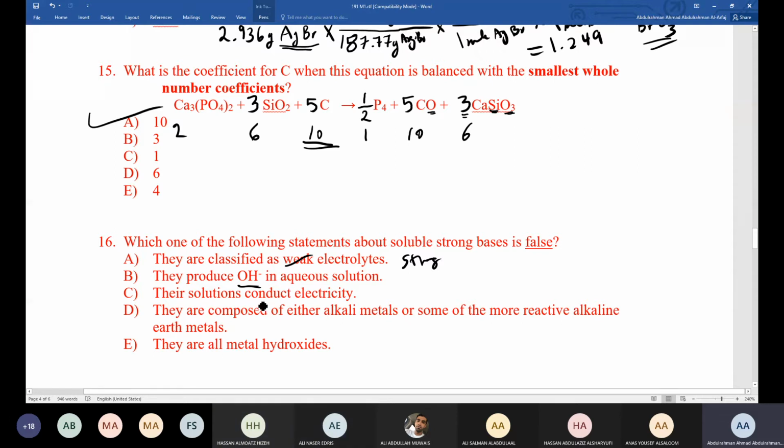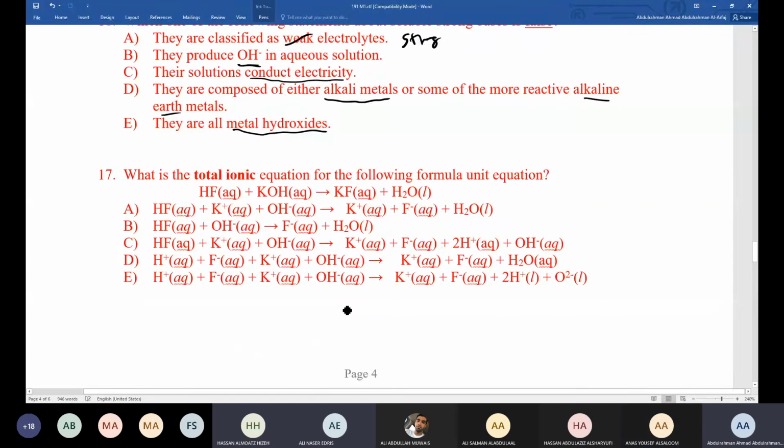Their solutions conduct electricity. Of course. They are composed of either alkali metals or some of the alkaline earth metals. Yes. They are metal hydroxides. True.